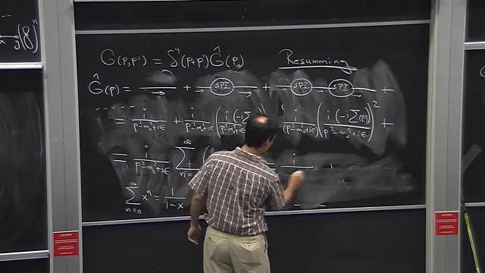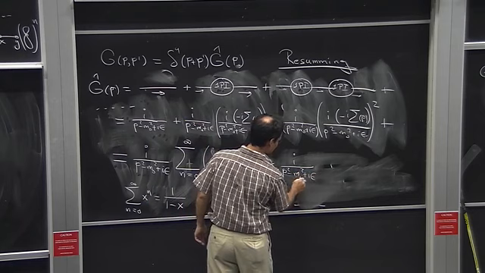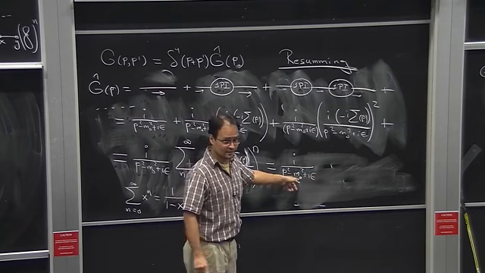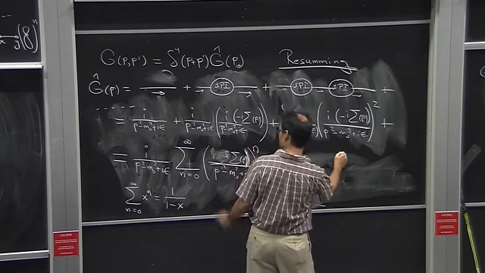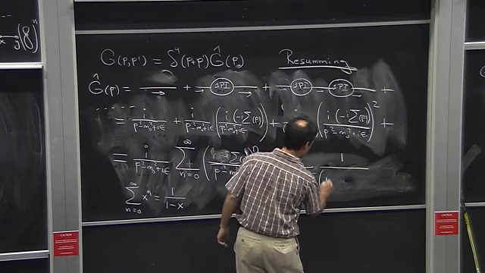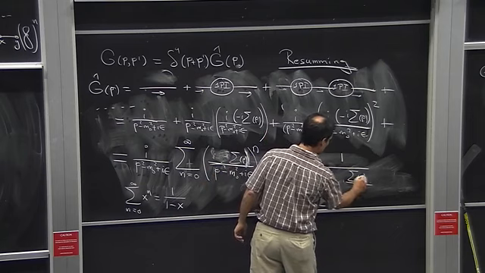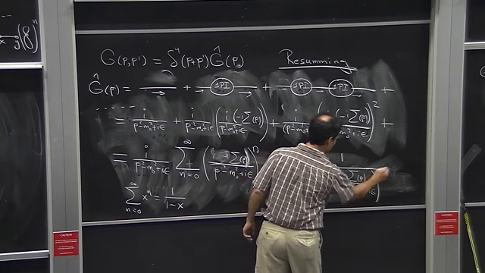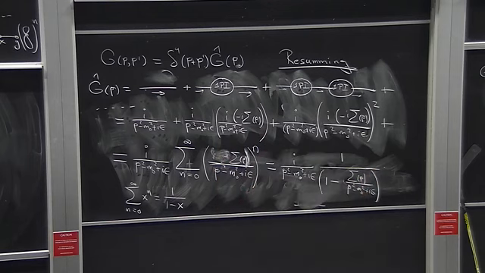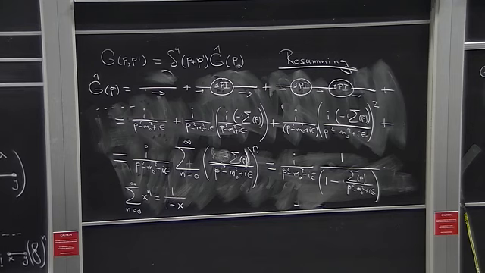Oh, please, a little faith here. Remember, this is M0, right? I haven't told you what M0 is. So we get 1 over 1 minus this whole thing, which is sigma of P over P squared minus M0 squared plus i epsilon. That looks pretty good. So just to compute this object, all we have to do is to compute this sigma, and we're done.